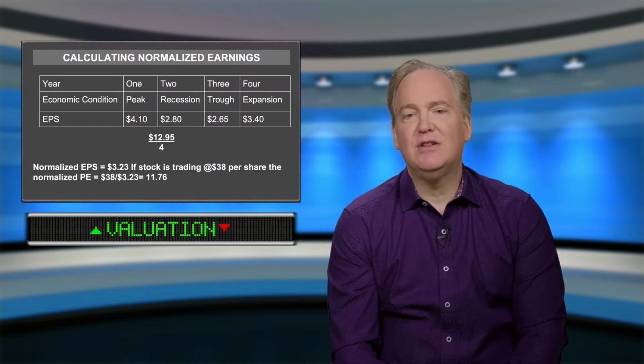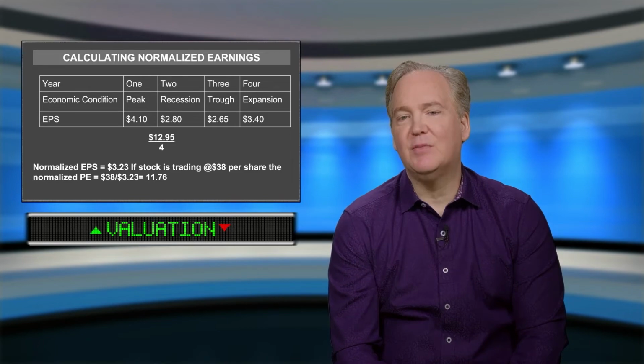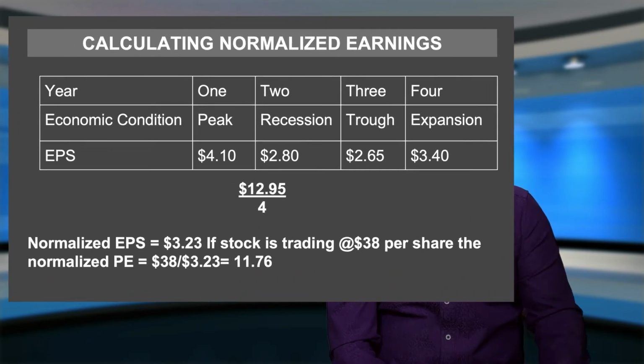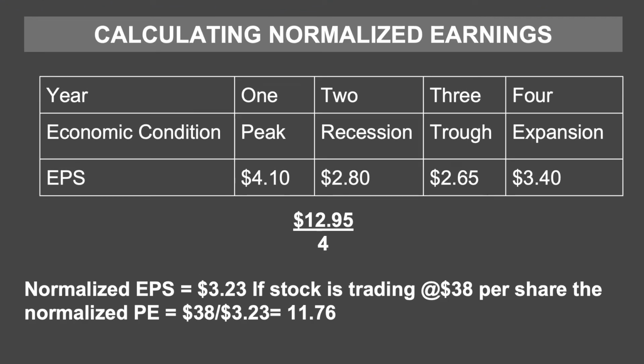Now let's take a look at how to calculate normalized earnings. Here we have a company going through the various stages of the business cycle, and we're looking at a period of 4 years. Over the 4 years, the economy is rising and falling, and as a result, the earnings of the company are rising and falling with the business cycle. In year one, the economy is at its best.